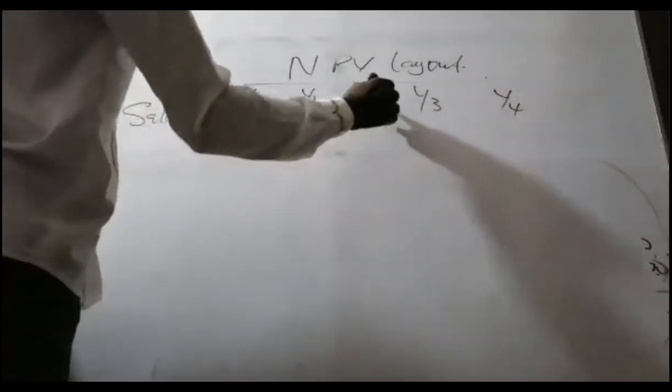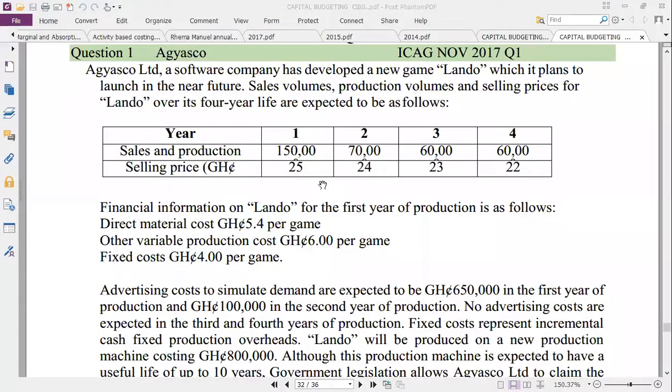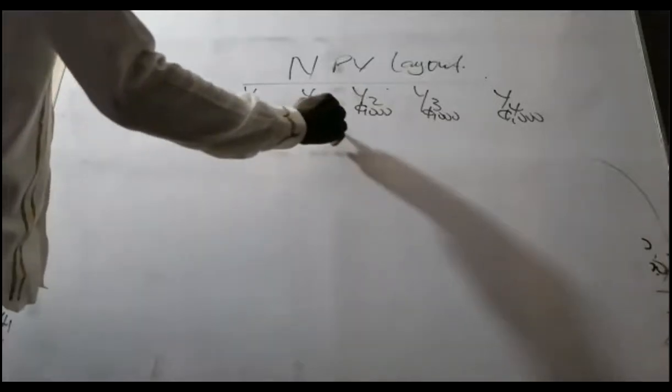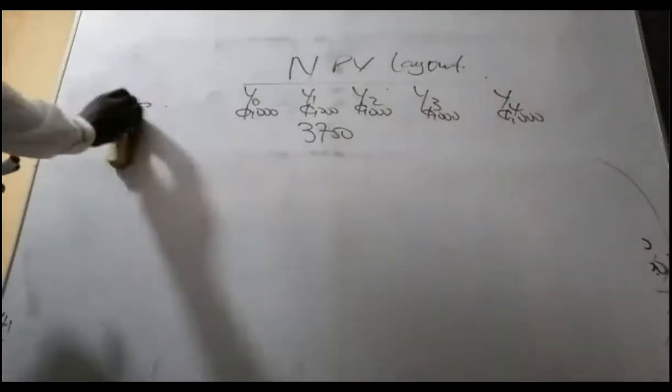I'm working in thousands. So the year one sales will be 150 by 25, which gives us 3,750. So that is the sales revenue for the first year.